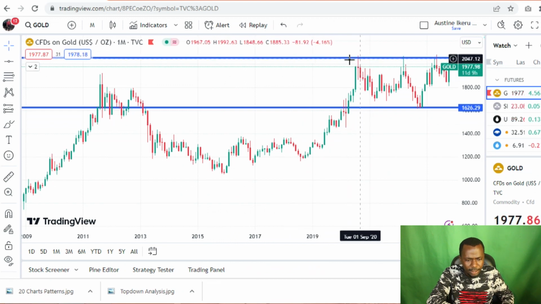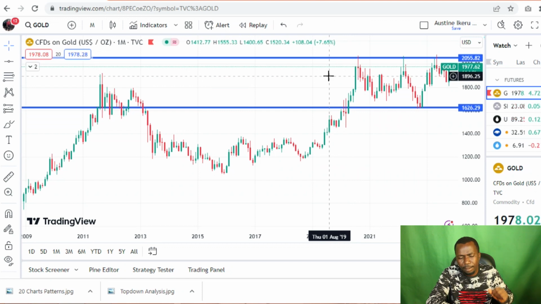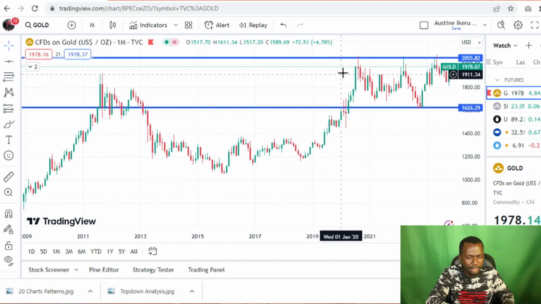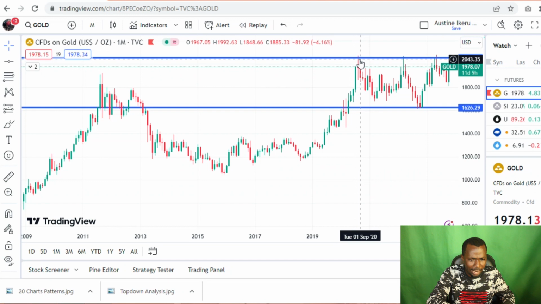So this is the key resistance level that the price got to and couldn't break through, which now makes it a major resistance level. That is why I map it with the horizontal line as the major key level.